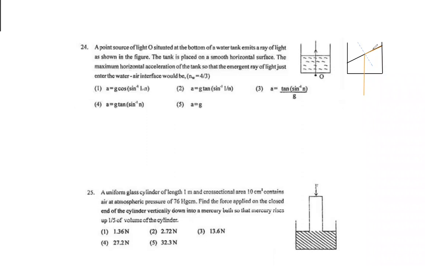They want the ray to come back into the water like this. For that to happen, this angle has to be the critical angle. If that angle is the critical angle, what is this angle? This angle is also the critical angle, do you agree?